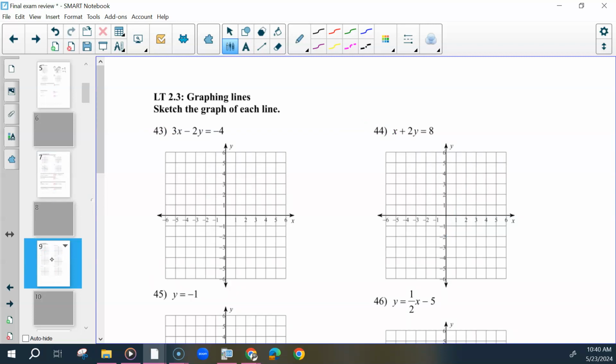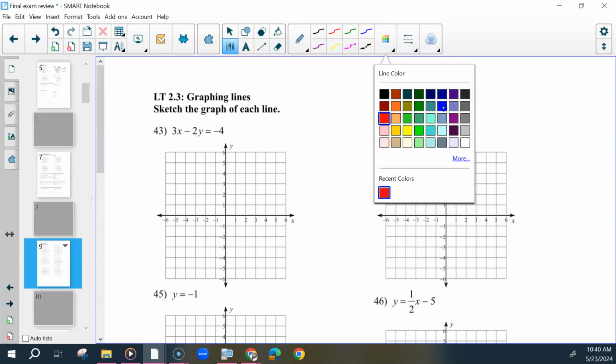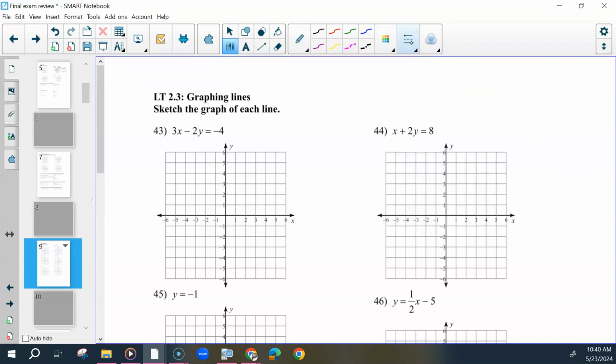For this first one, we would need to solve this, guys. Get this back in slope-intercept form.